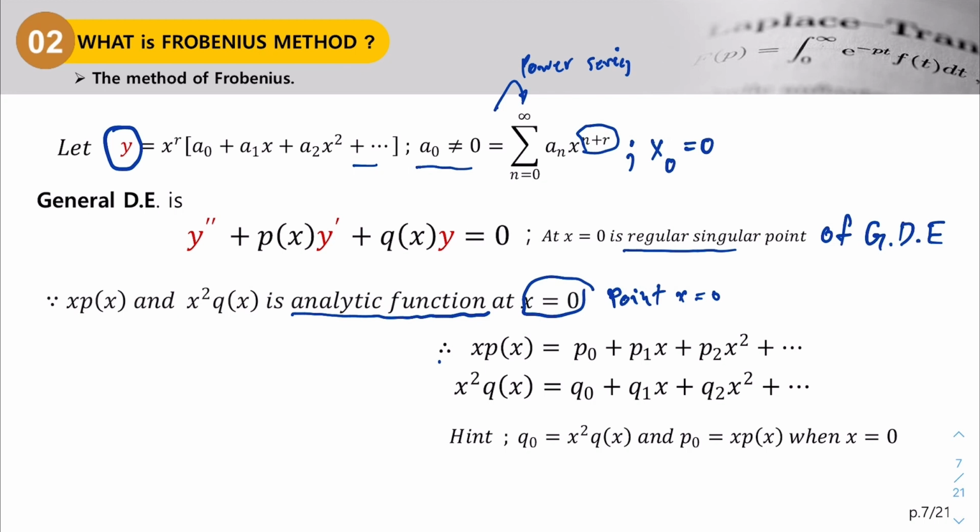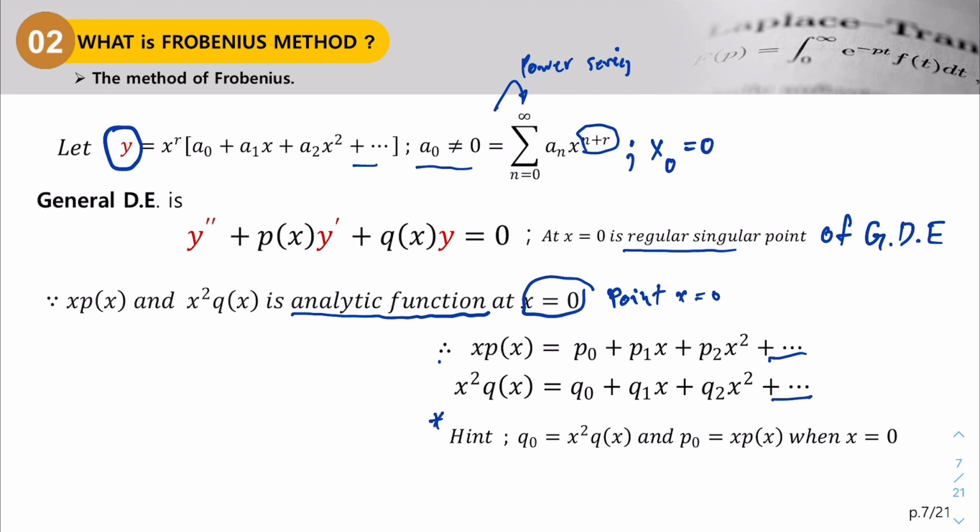So x p(x) equals p0 plus p1 x plus p2 x squared and so on to infinity, and x squared q(x) equals q0 plus q1 x plus q2 x squared and so on to infinity.